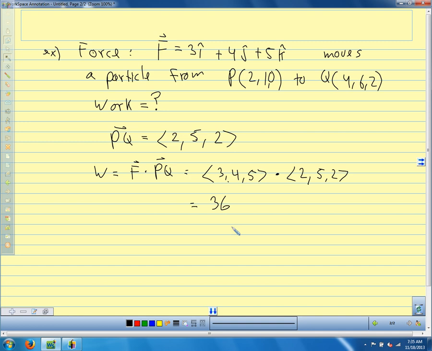In international units, in the metric system, and I think we talked about this before, units for work are Newton meters. Normally, Newton meter or joule.